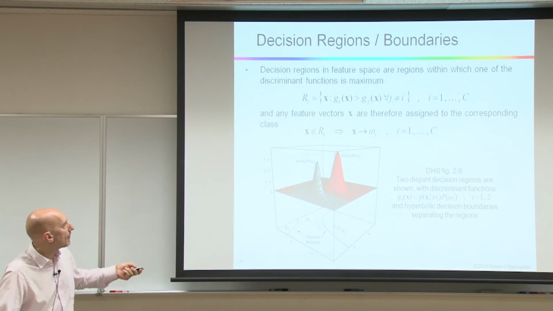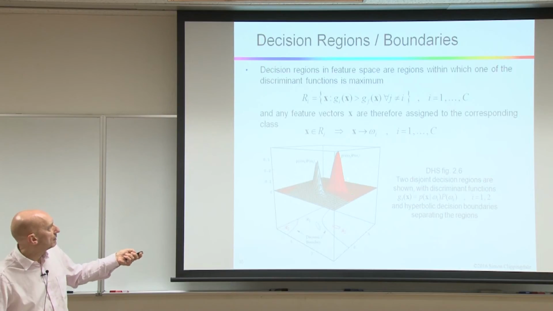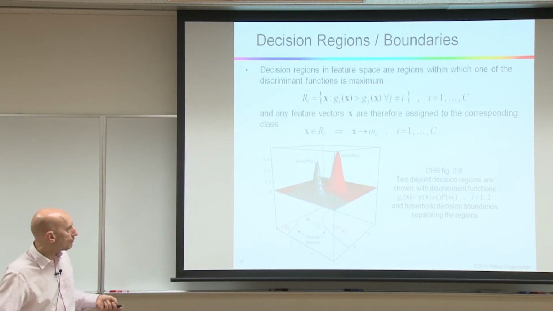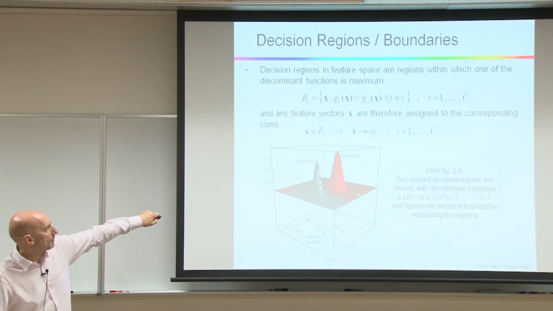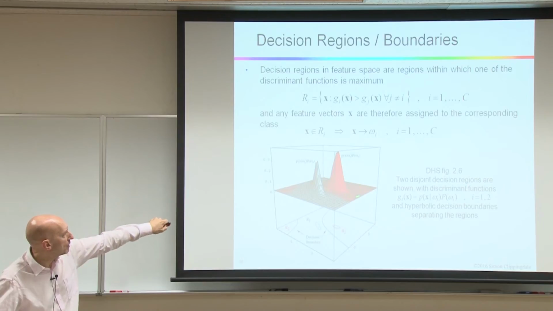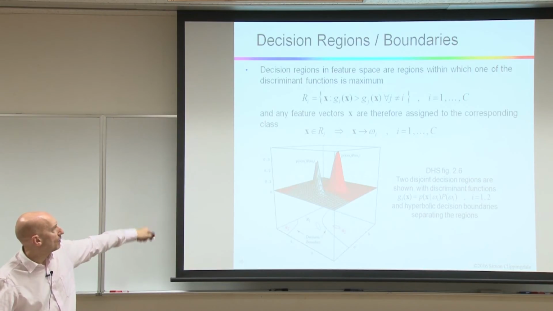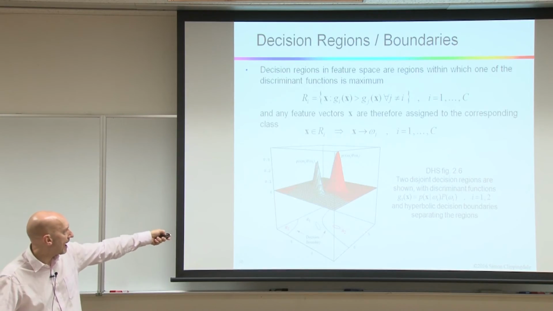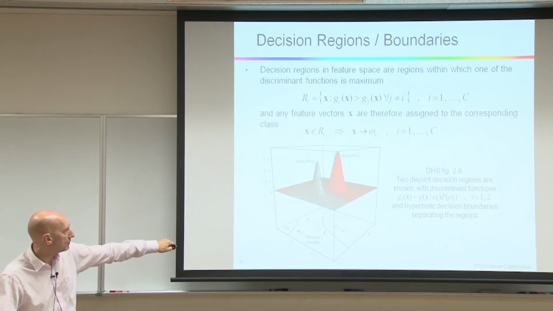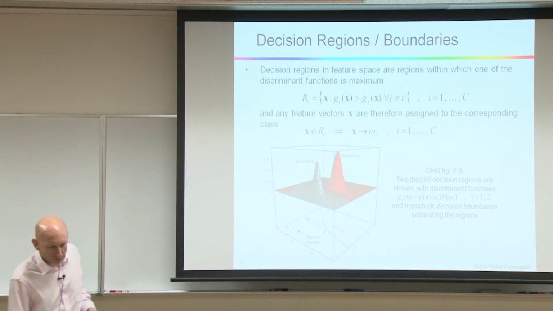You may wonder why, but that's because this is the likelihood times prior for class 2, and this is the likelihood times prior for class 1, and the likelihood times prior for class 2 is bigger in this red region over here and over here, whereas the likelihood times prior for class 1 is bigger in the middle here and in this kind of pink region here. So projecting that down onto the bottom gives you these decision regions.